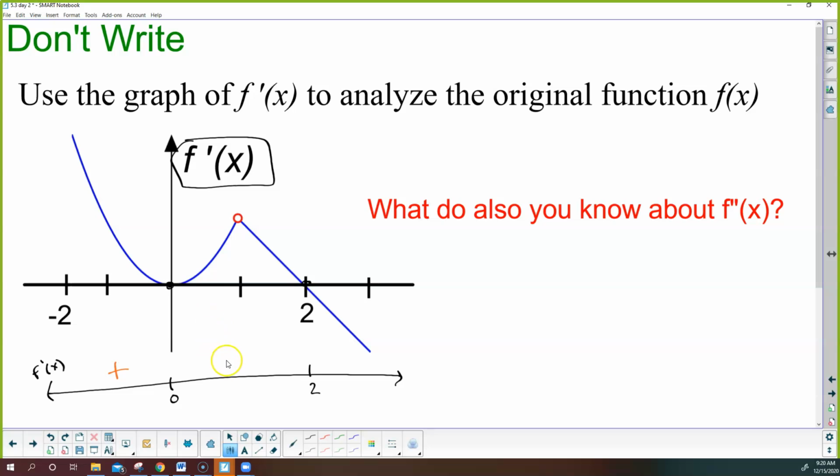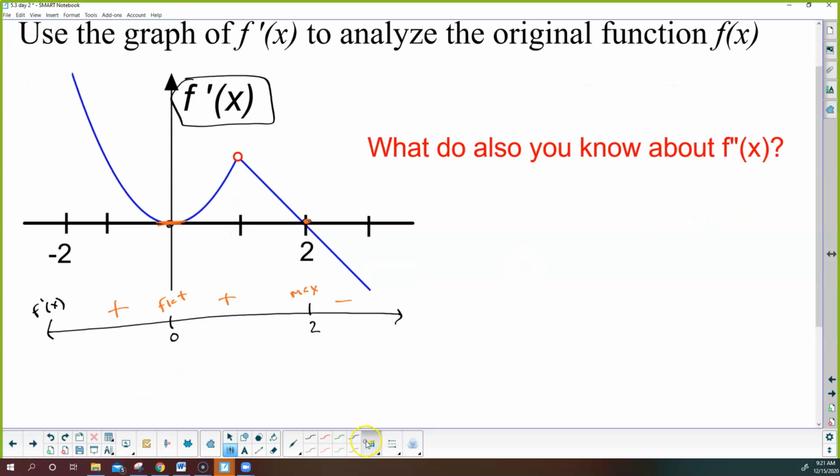We still have positive values here. So that means this would definitely be a flat spot, right? You can see that's a flat spot. And then this goes from positive slopes to negative slopes. So in the original graph, I go from increasing to decreasing. There'd be a maximum here. So we know where the slope is increasing and then where it's decreasing.